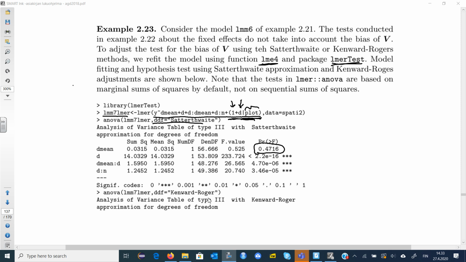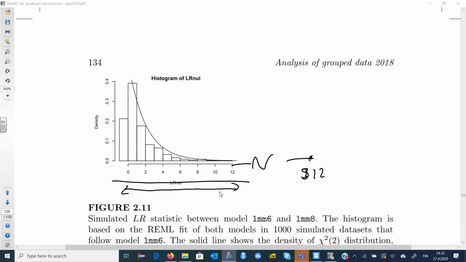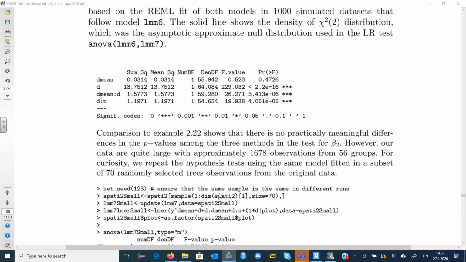The Kenward-Roger method is implemented in the next step, and here we also see some change to the previous, but again the difference is only in the third and fourth decimals of the p-value.